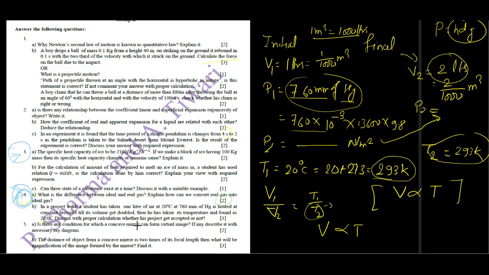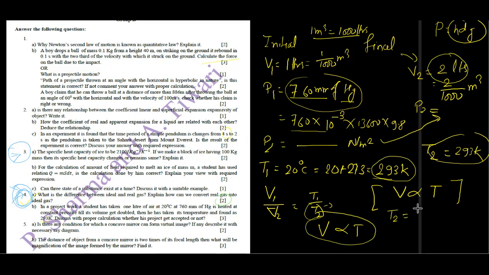But if it is given that we have to show the proper calculation, and finally conclude the result, then you have to write all of this calculation in proper form, and at the end conclude your answer by saying that the temperature must be this value, and he has found 293, which is logically incorrect.